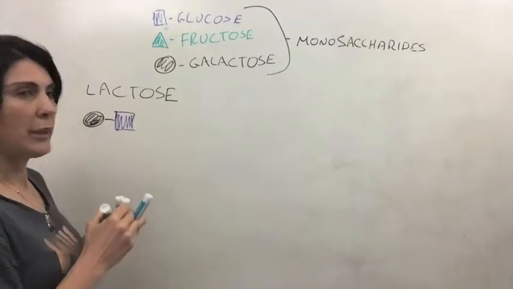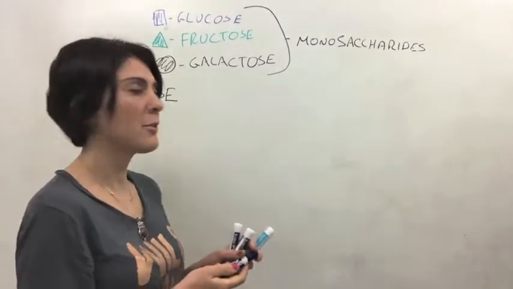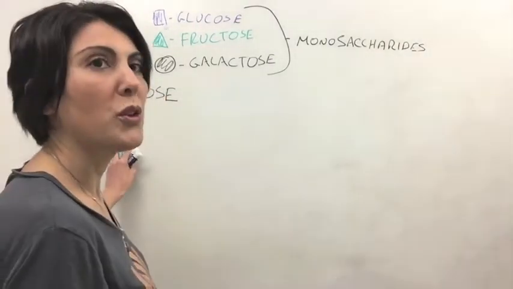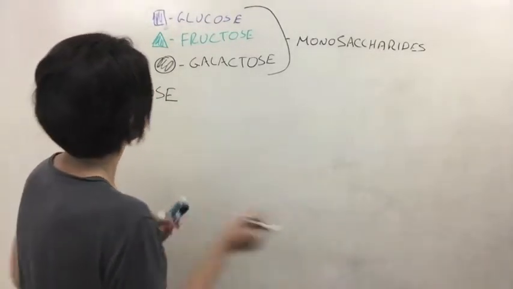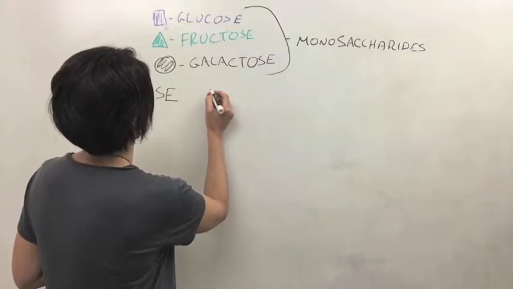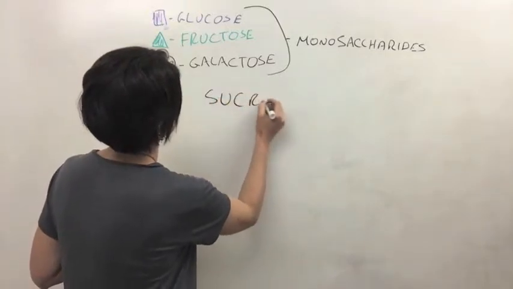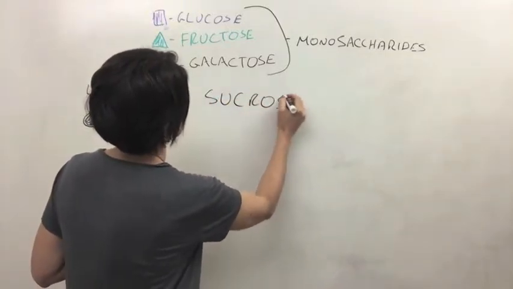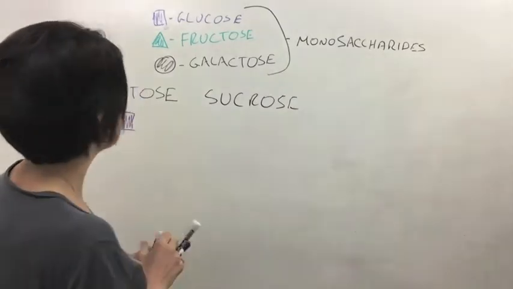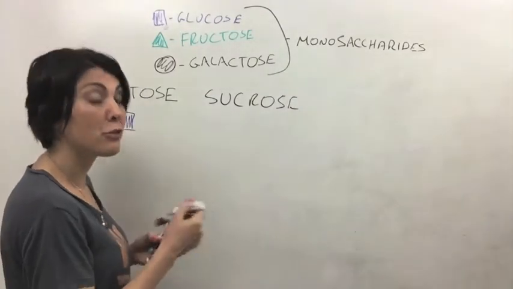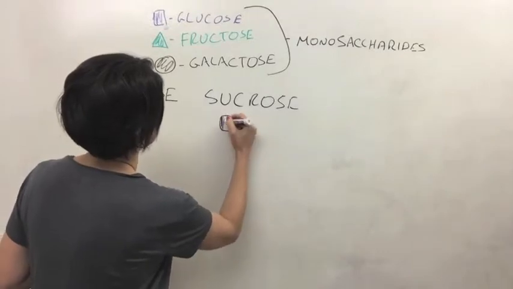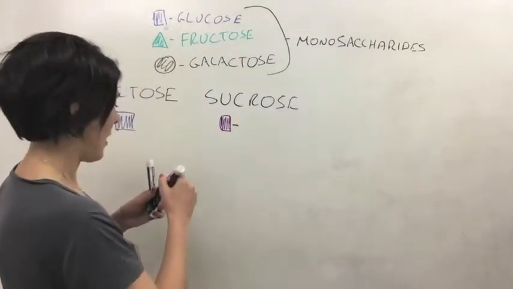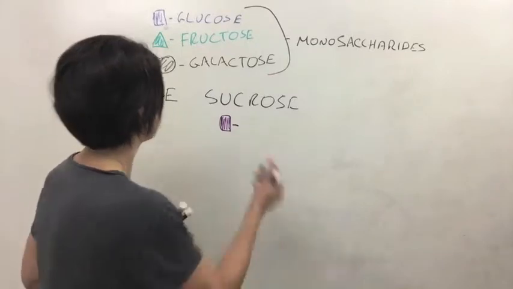Now, we don't store galactose in our body. We do store glucose though. We have sucrose. Sucrose is a glucose molecule with a fructose molecule, so it will look something like this. We've got glucose with a fructose molecule.